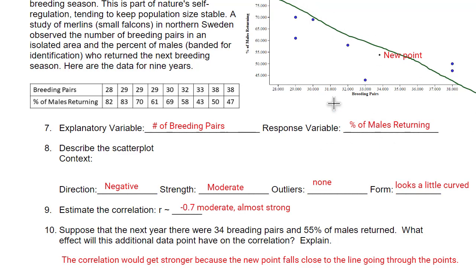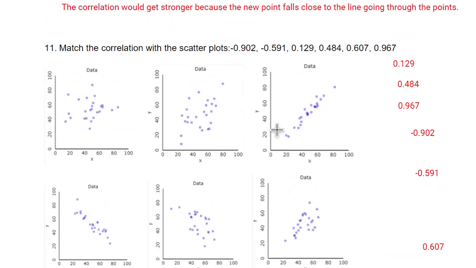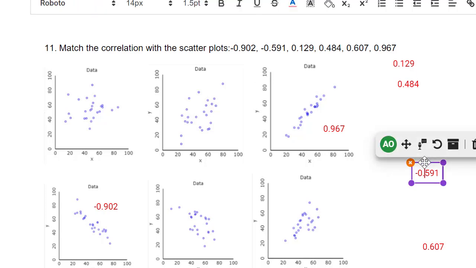All right, and then our last piece we have here is matching our correlations. So first of all, the strong one, I always like to start with the strongest. So we got one strong positive and one strong negative. So I'm going to go, okay, strong positive, that's my strongest positive number. Remember, correlation is always between -1 and 1. It cannot be 1.2. Where is my strong negative? There's my strong negative. All right. Now I've got, these are all kind of positive, and I have one more negative here, so that's going to help me figure this one out.